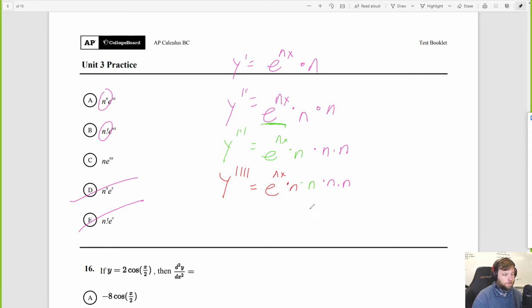I'm not multiplying by just one n, I'm multiplying by a bunch. I'm always multiplying by n. It's not like a decreasing number at all. So my answer is A. Like e to the nx times n to the fourth, and this would be e to the nx times n. Oh, so this is kind of a neat kind of problem.